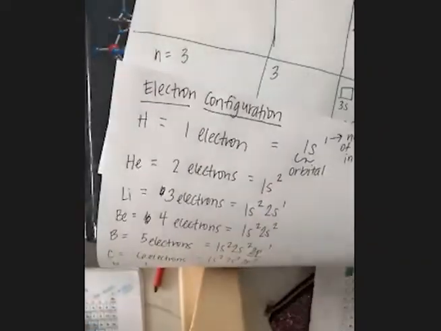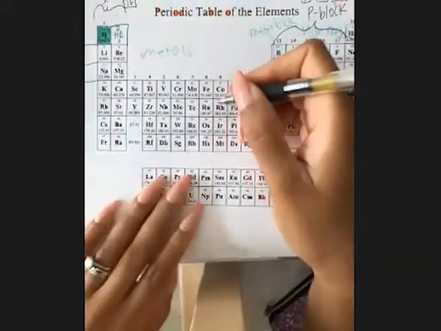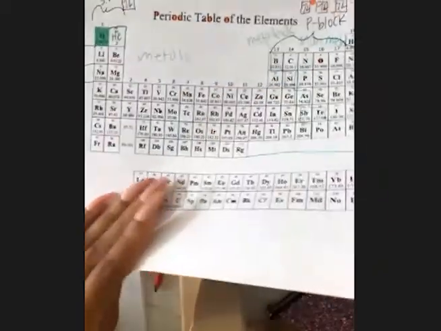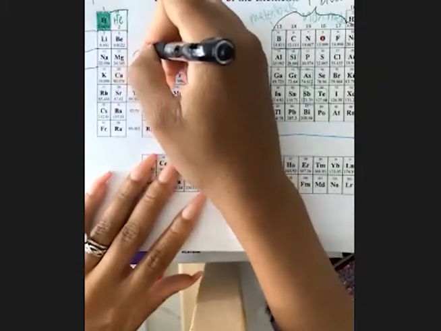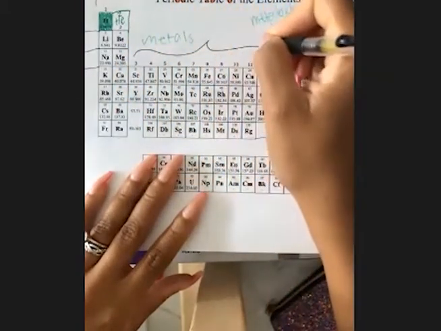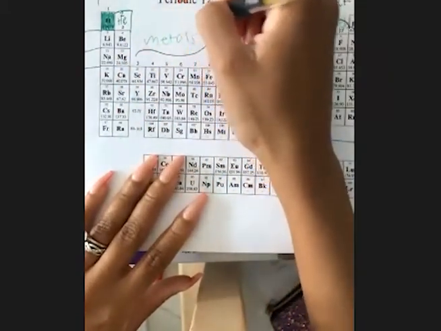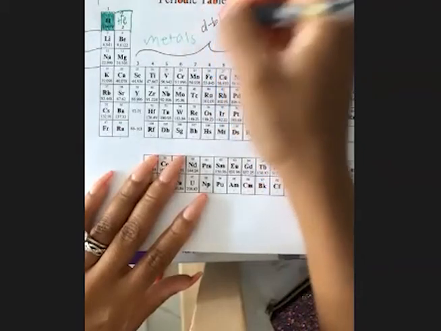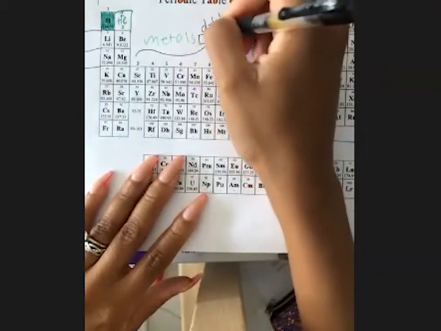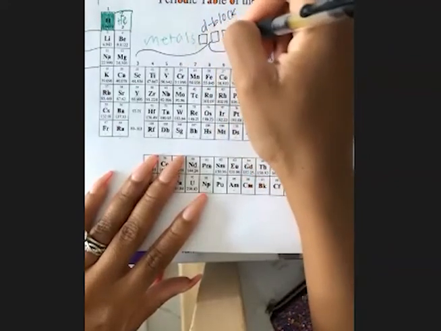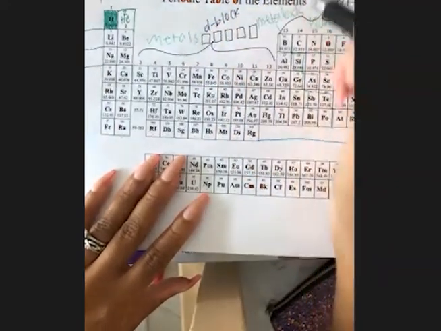And then when we get to the D block, it's a little special. Remember when I talked about the D orbitals, there's always going to be 5 D orbitals. So we call the transition metals the D block, and it represents the 5 D orbitals, 1, 2, 3, 4, 5.